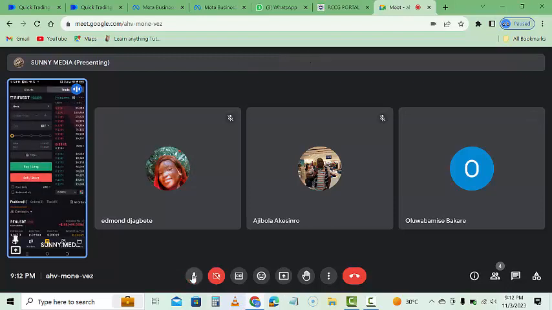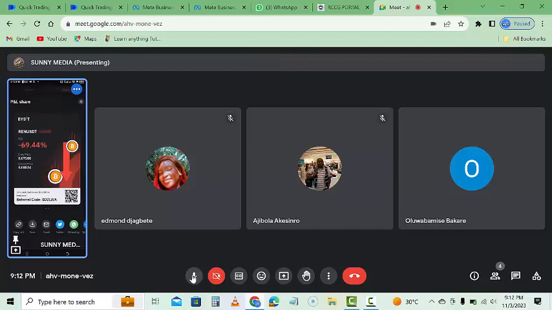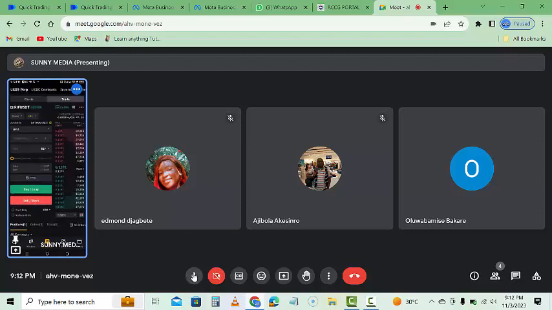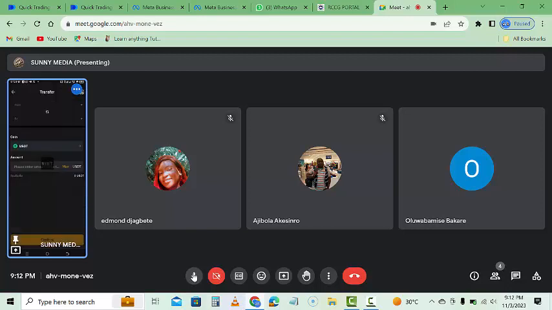So I'm holding this coin, right? I just remembered now this coin dropped almost 5%. I forgot I was still holding this one here. Okay, let me see. Let me say I want to trade this coin.